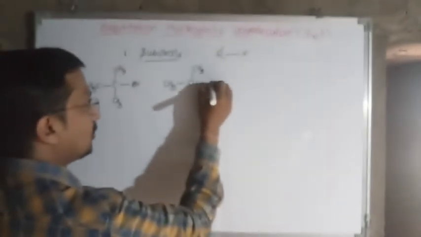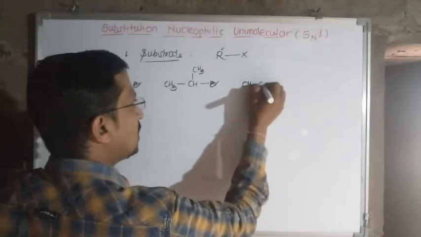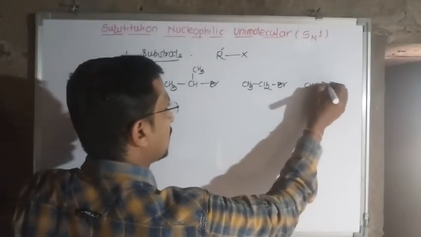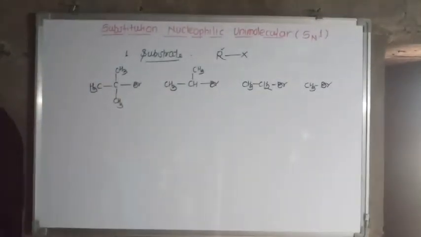Here we have (CH3)3C-Br, then (CH3)2CH-Br, CH3CH2-Br, and CH3-Br.